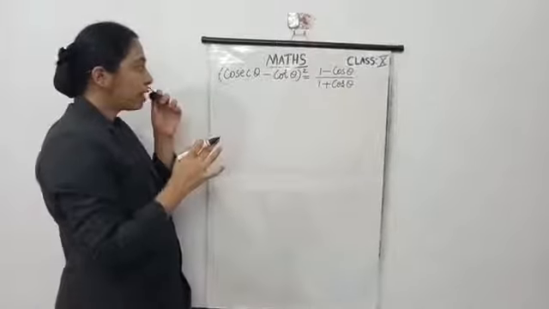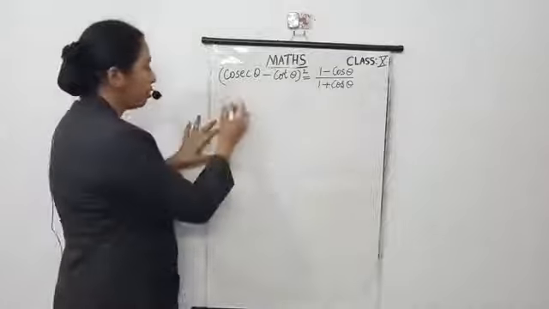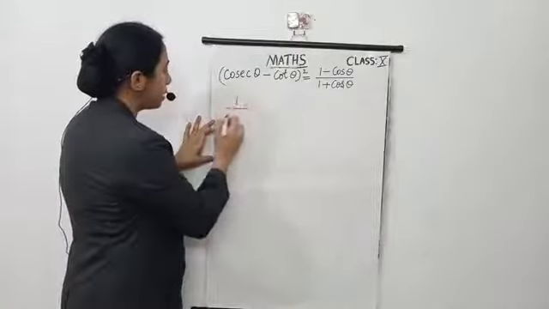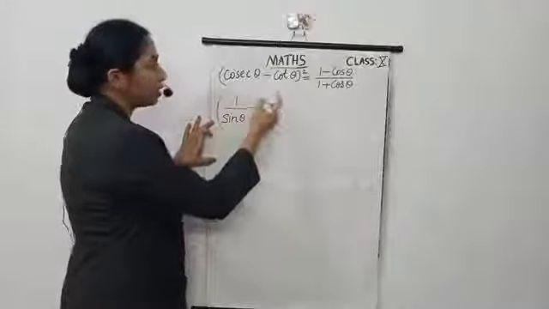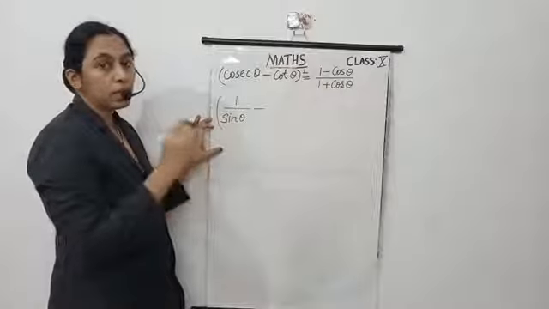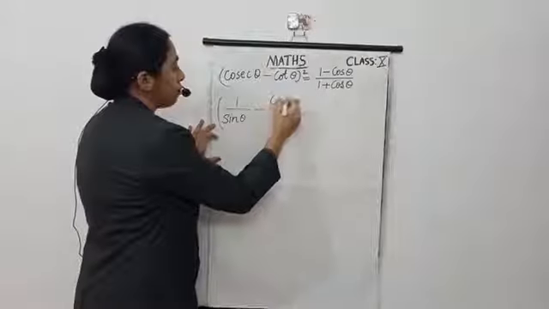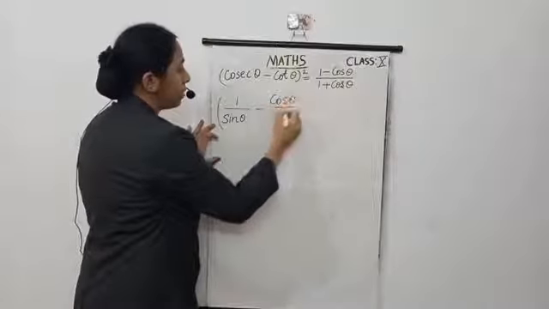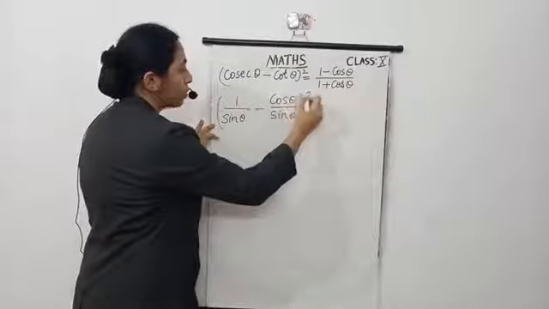Then cosec theta is 1 by sin theta, isn't it? So replace cosec theta with 1 by sin theta, and cot theta is cos theta by sin theta. So replace cot theta by cos theta by sin theta, then whole square.